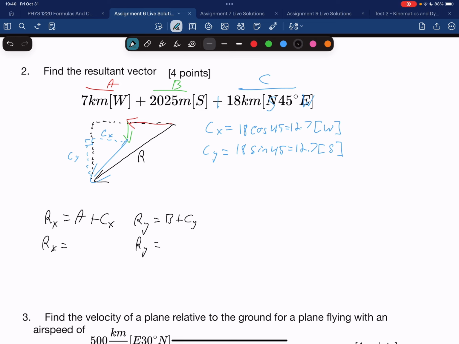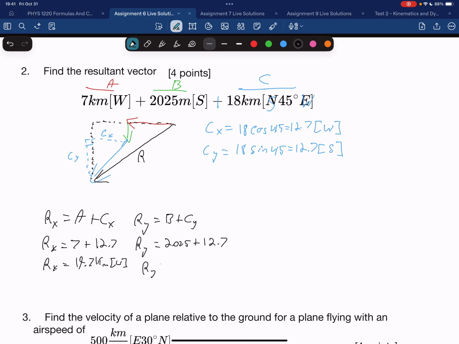So subbing in, A, we got 7 kilometers plus 12.7 for our x, and that gives us 19.7 kilometers west. Vector B is 2.025 plus 12.7.